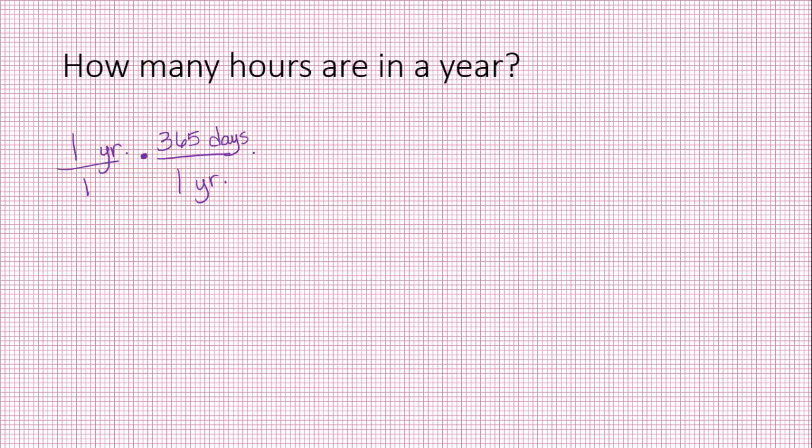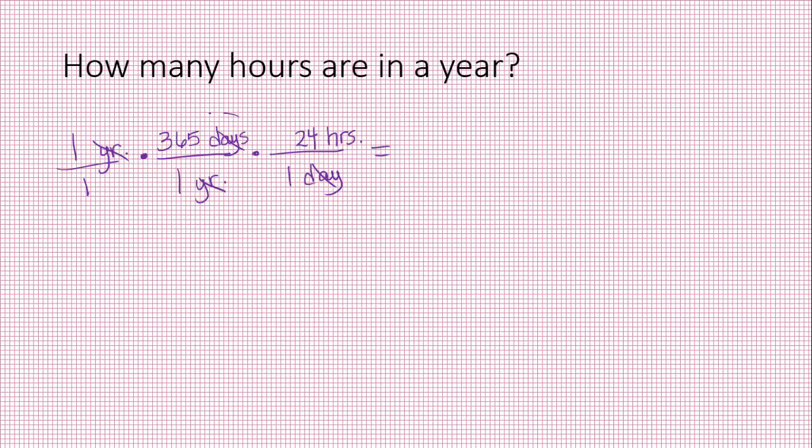And what you can do is continue to write out the multiplications that are needed, and you can do all the math at the end. So now I need days to hours. So 1 day is 24 hours. Okay, so the years cancel, the days cancel, and now I have hours, which is what I was looking for, but we have to do the math.